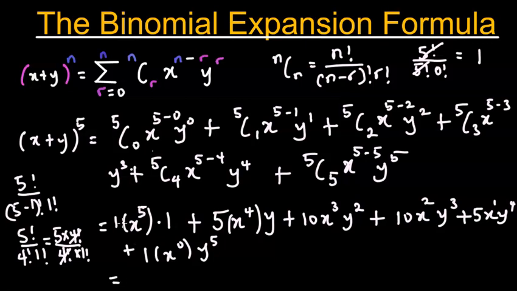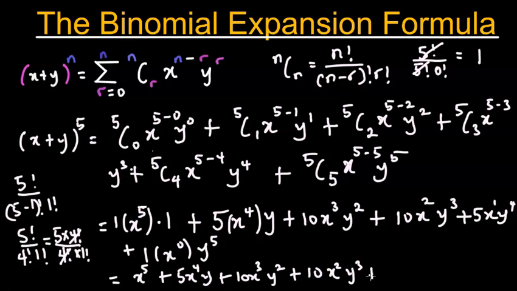So finally, I'm going to have 1 times x to the power of 5 times 1, which is x to the power of 5, plus 5x to the power of 4 y, plus 10x cubed y squared, plus 10x squared y cubed, plus 5x y to the power of 4, plus x to the power of 0 is 1, so we have 1 times 1 times y to the power of 5, which is y to the power of 5. And that is how we expand, and this is our final answer. This is how we expand using the binomial expansion formula.